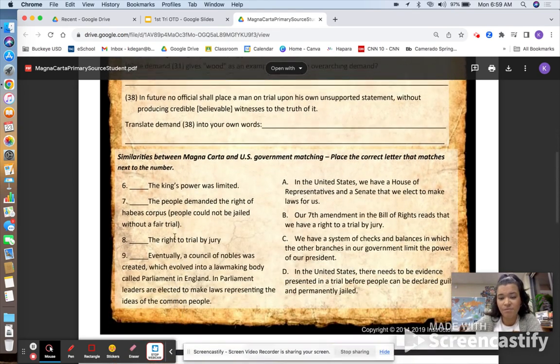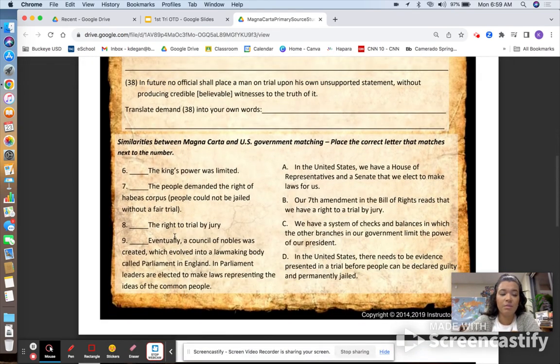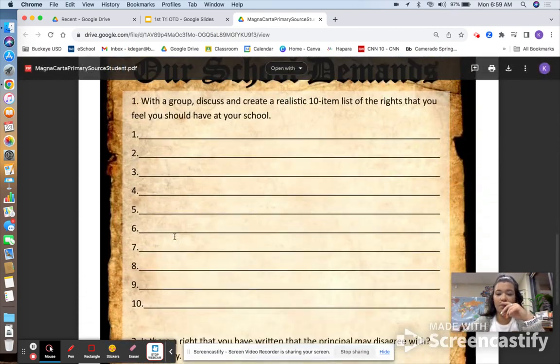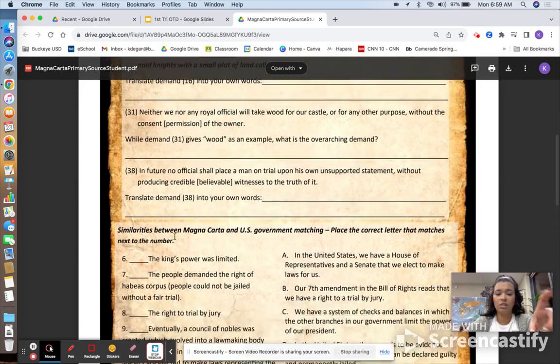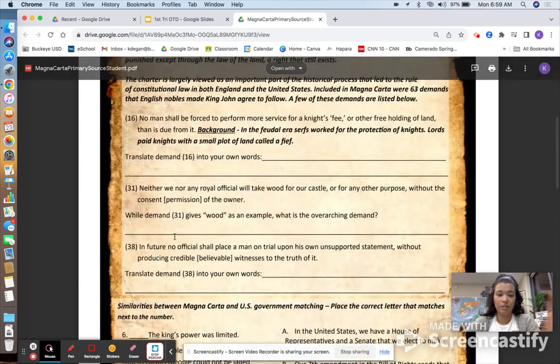So good luck. Down here, you're doing similarities between Magna Carta and the U.S. government. You're trying to match one side with the other. At the very bottom part, you're working in partners or your group of 4 for this top part.